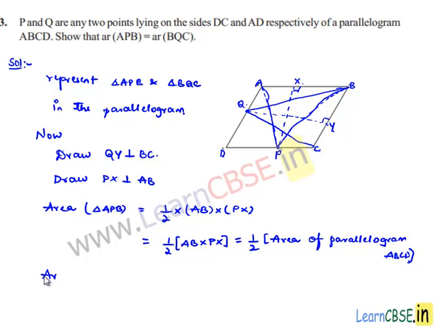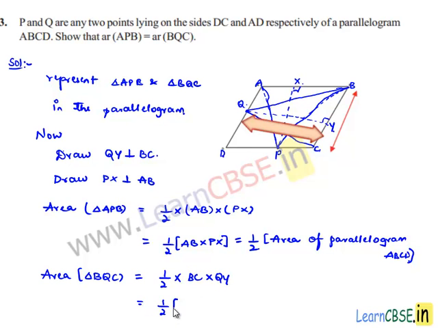Similarly, the area of triangle BQC is equal to half times base BC times height QY, that is half times the product of BC into QY. Now in parallelogram ABCD, if we consider BC as base, then its corresponding height is QY.